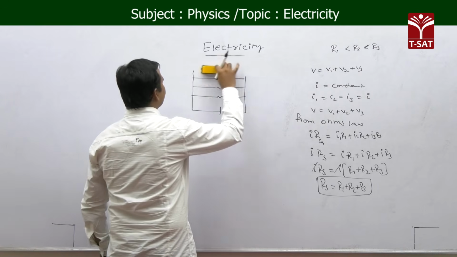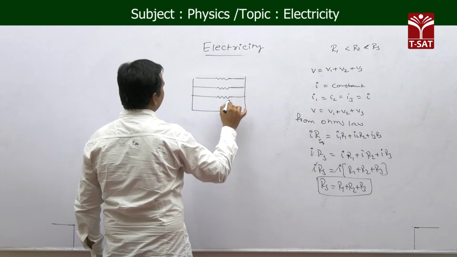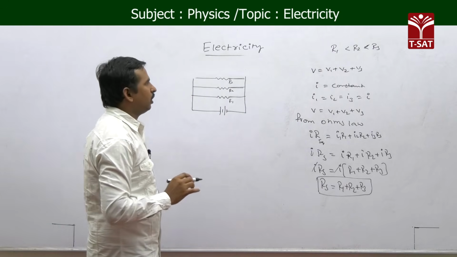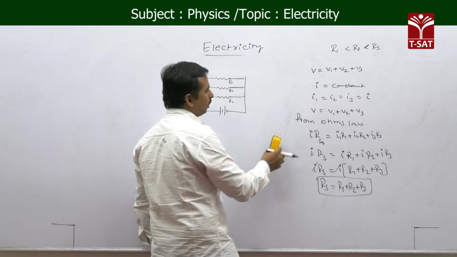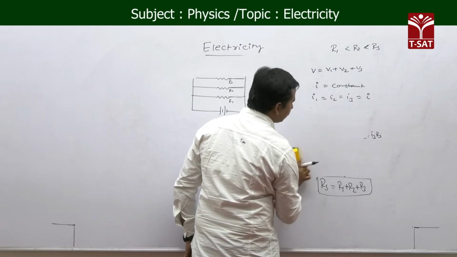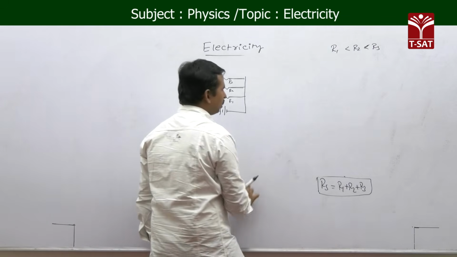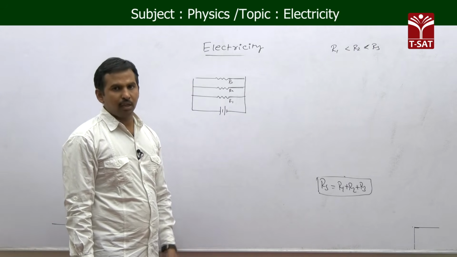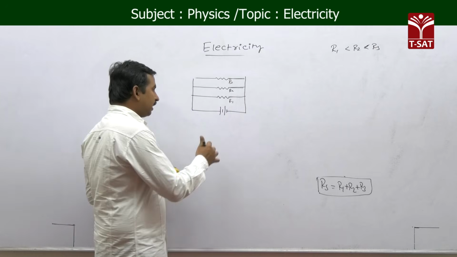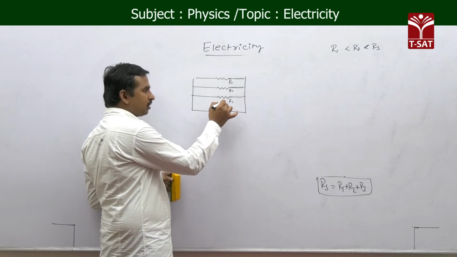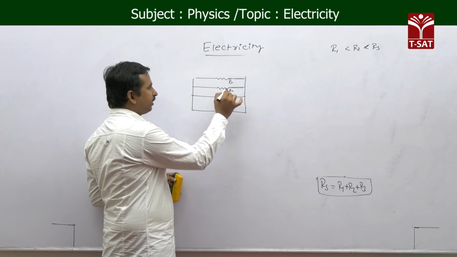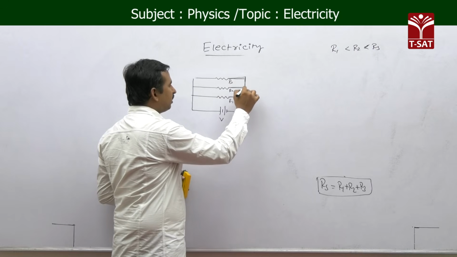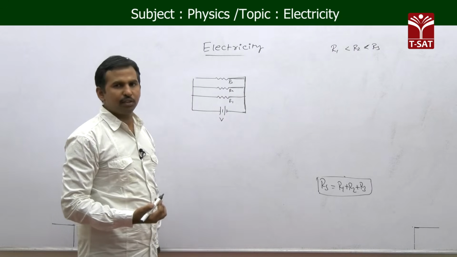Now, as three resistors are there, R1, R2 and R3, just like the previous case we take R1 less than R2 less than R3. This means the resistance offered by the third one is more, whereas R1 is less and R2 is in between R1 and R3. Now, as this battery voltage is directly connected to R1, directly connected to R2 and directly connected to R3, in all three cases we have the same voltage present.